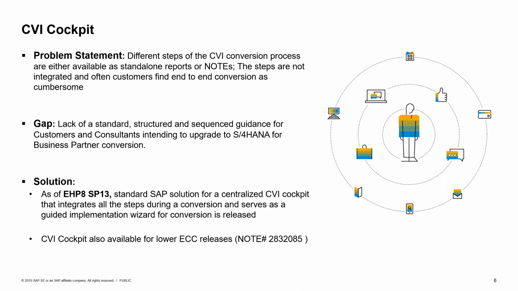As you can also see, through this, we basically address the gap of the lack of a standard structured sequenced guidance for the customers and consultants community who are willing to upgrade to S/4HANA.